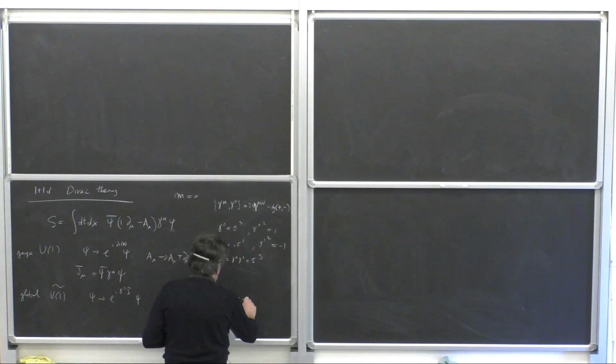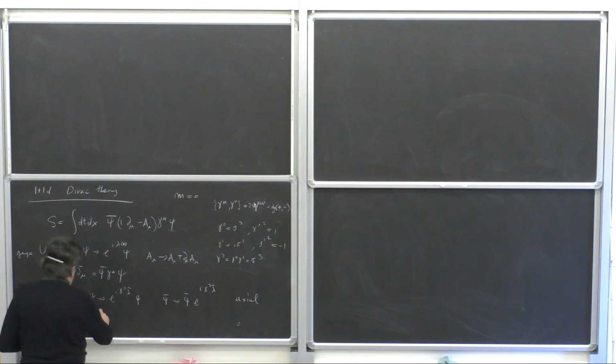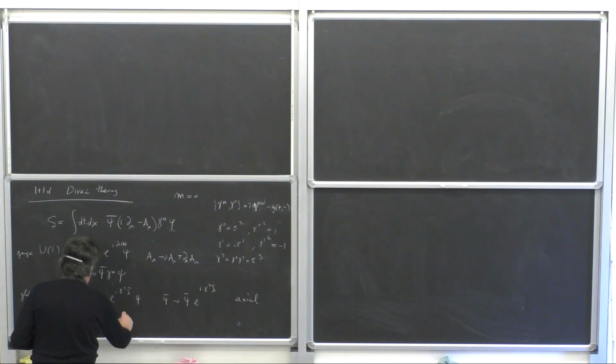The corresponding current is J mu, which is psi bar gamma 3 gamma mu psi.